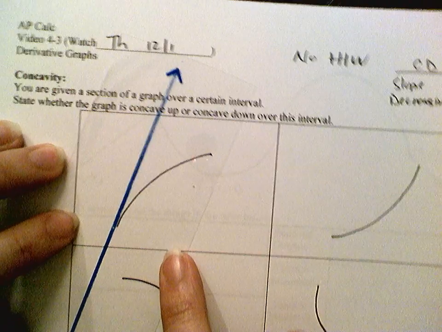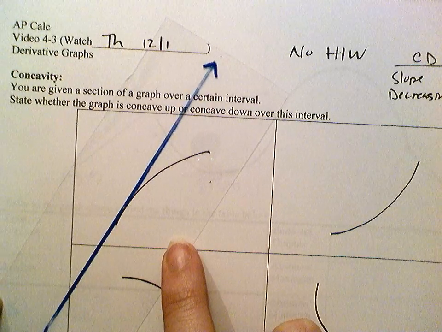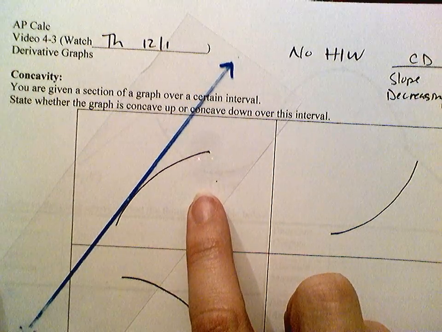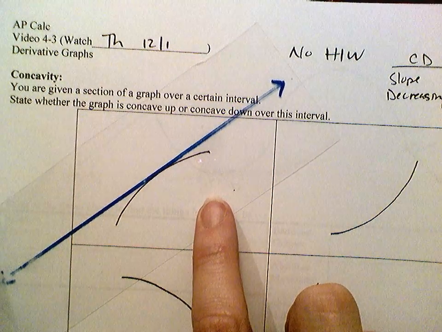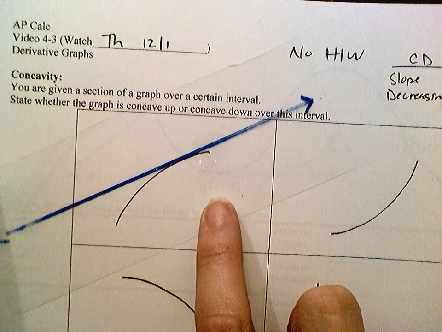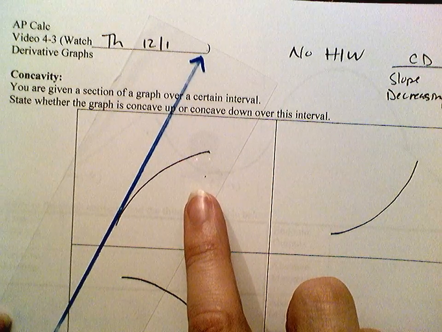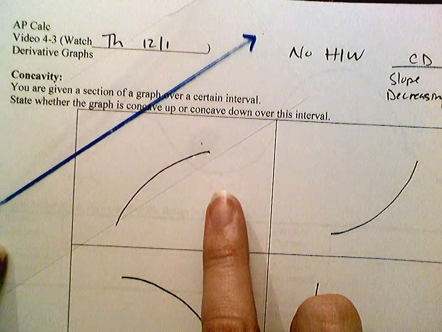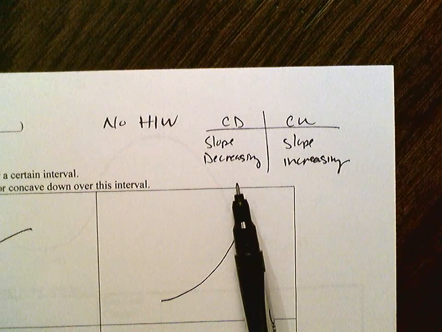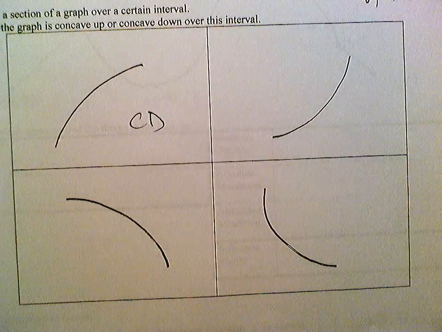Right now I've got a positive slope, and as I move along the graph, it's still positive, but it's getting less positive, closer to zero. If a positive number is getting closer to zero, that means it's decreasing. So the slopes of the tangent line are decreasing, and this is a concave down segment.